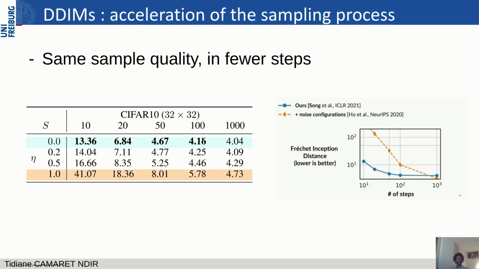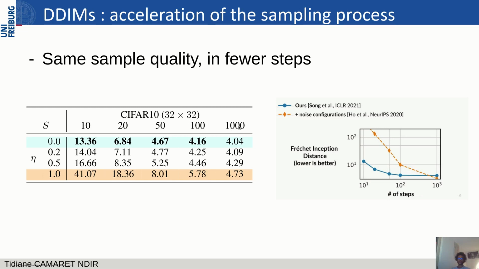And now we can see the final impact of the number of steps on the quality of the samples. Here the authors train diffusion models on CIFAR-10, and they measure the sample quality depending first on the number of steps, which go here from 10 to 1000. 1000, remember, is the original number of steps in the first paper.